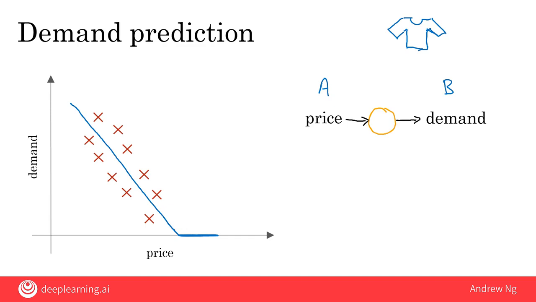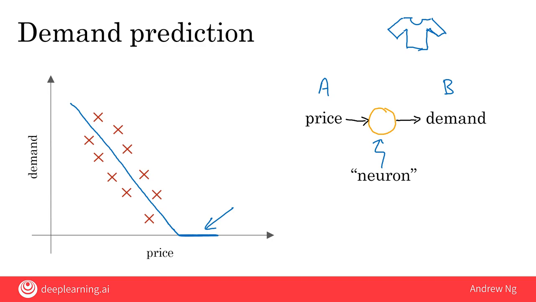In the terminology of AI, this little round thing is called a neuron, or sometimes an artificial neuron, and all it does is compute this blue curve that I've drawn here on the left. This is maybe the simplest possible neural network, with a single artificial neuron that just inputs the price and outputs the estimated demand.